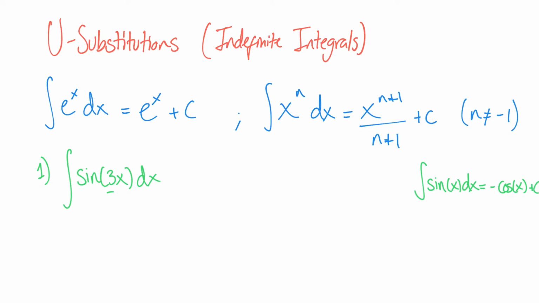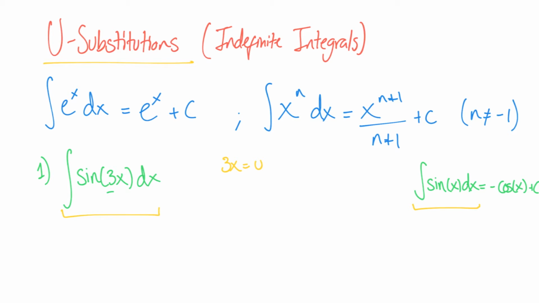So what we're going to do is, you guessed it, use a U substitution. Basically, we're going to try to make this integral look more similar to this one. So I'm going to say that 3x is equal to u.